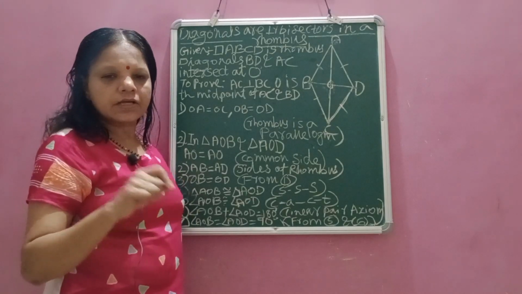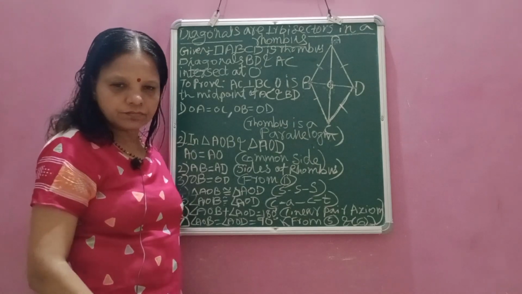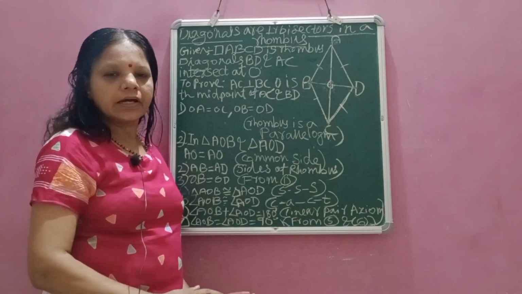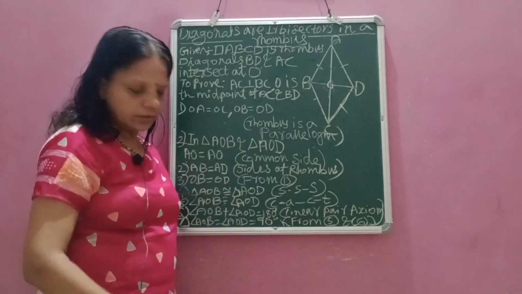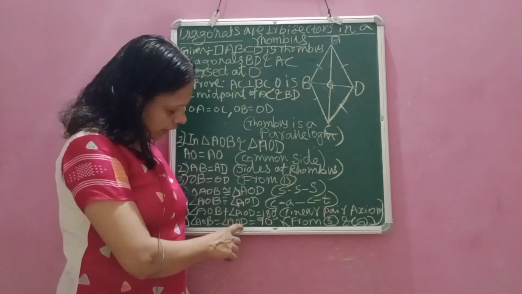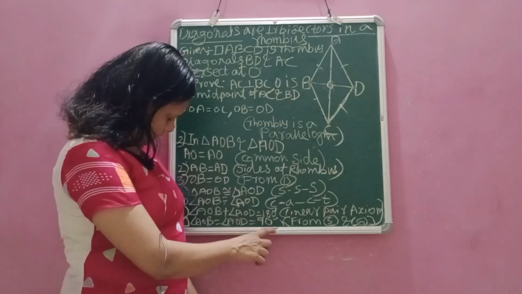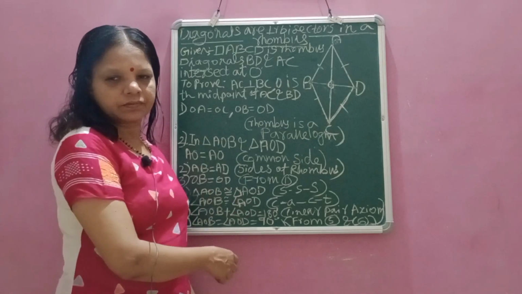From this, each angle will be 90 degrees. Clear? Their sum is 180 degrees and they are equal, so 90 plus 90. Therefore, the next statement: angle AOB equal to angle AOD equal to 90 degrees, from 5 and 6.